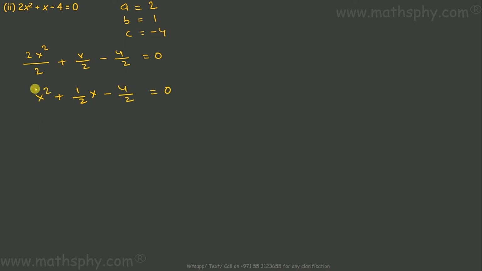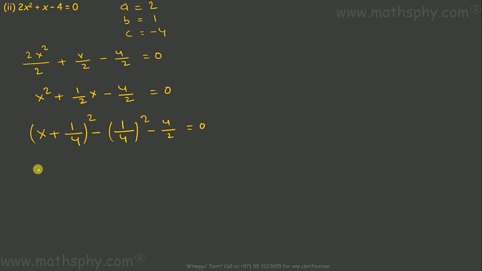Second step, this x squared, let's take it as x plus b over 2a. b is 1, 2a becomes 2 into 2, which is 4, leave this x square, minus b over 2a, means 1 over 2a, a is 2, so 2 into 2 is 4, whole square minus 4 over 2 equals 0.